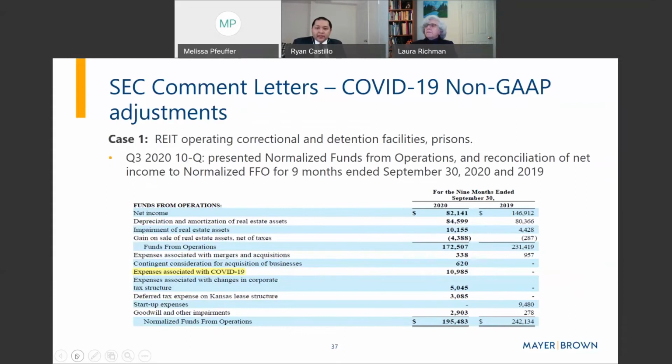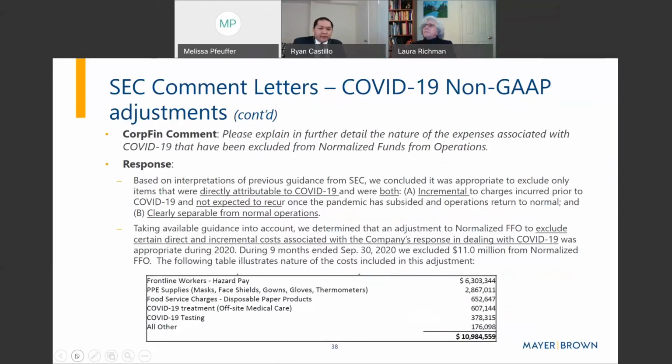In its September 2020 10Q, it reconciled GAAP net income to the non-GAAP measure normalized funds from operations, or FFO. And they excluded the line item that they called expenses associated with COVID-19, seen here in yellow on this illustration. Corpfin then commented, "Please explain the nature of expenses associated with COVID that you excluded from normalized FFO."